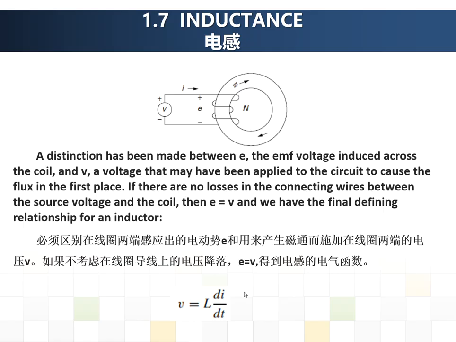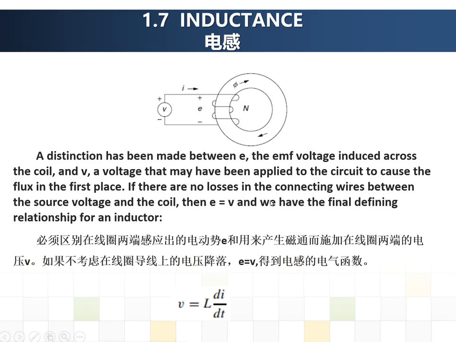A distinction has been made between E, the EMF voltage induced across the coil, and V, the voltage that may have been applied to the circuit to cause the flux in the first place. V represents the voltage source that creates current in the coil, and the current in the coil will create the flux, and the flux will generate the electromotive force.